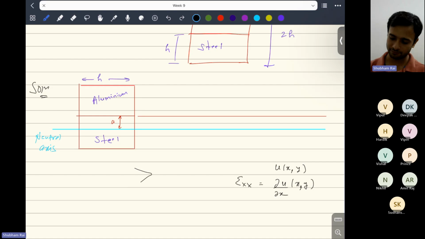At these points, del U by del Y is not continuous. But we are not talking about del U by del Y, we are talking about del U by del X. So that will be continuous across Y.